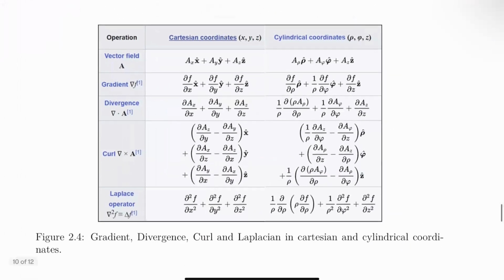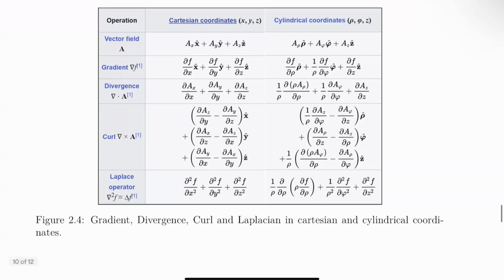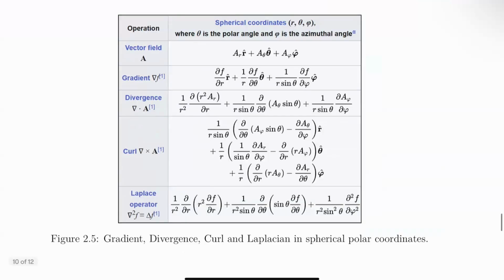So here they are: the gradient, divergence, curl, and Laplace operator, we'll see what that is. That's essentially the divergence of the gradient of a field. You can calculate them fairly easily using these tables, right? And they're fairly standard. So given a scalar function or a vector function, you can just apply these formulae to calculate. So this is in spherical coordinates.